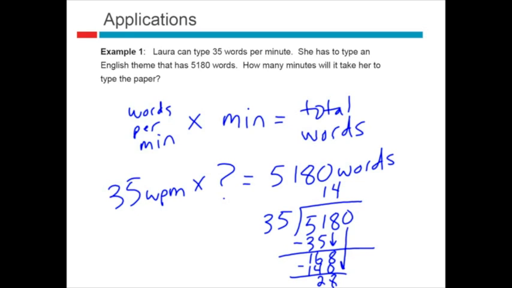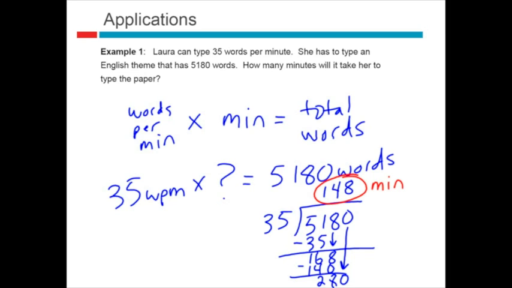Getting really close to the bottom of my page here. Bring down the 0. And 35 is going to go into 280 evenly. It's going to go in 8 times. And 8 times 35 will be 280. So that will end up being the answer. So we can say that it is 148 minutes.